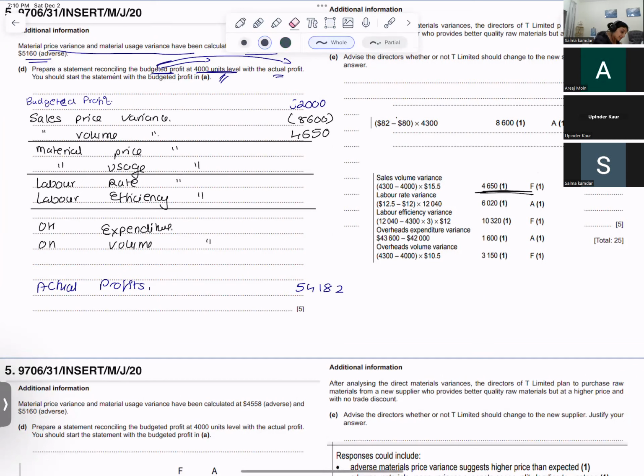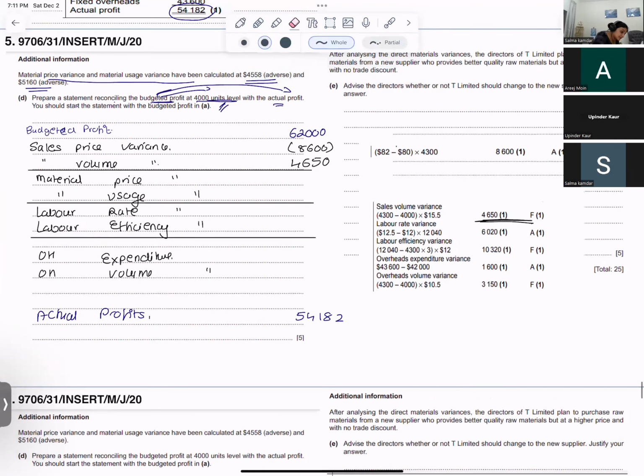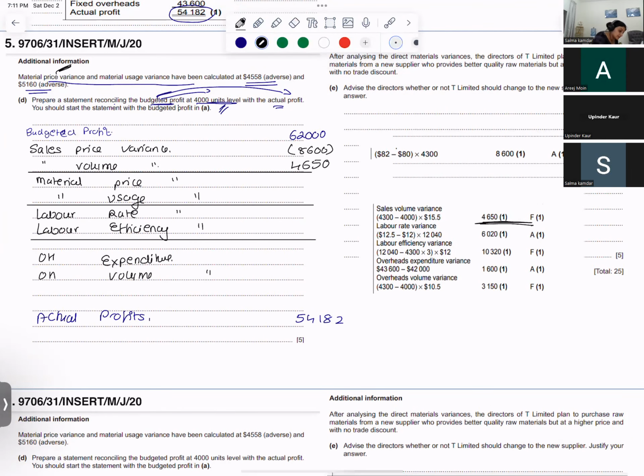What is material price variance? We didn't calculate that. It's given here. Price is 4,558. What is material usage variance? 5,160. What is adverse will go in brackets. They're both adverse.